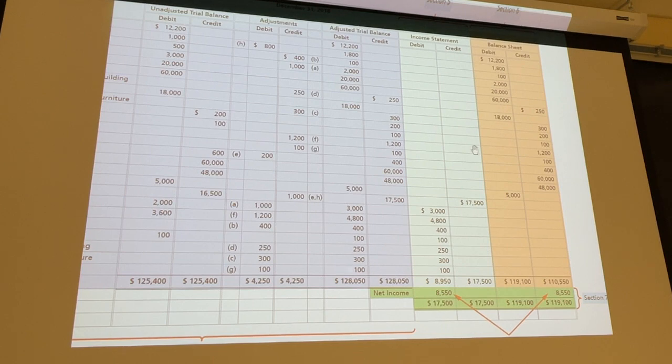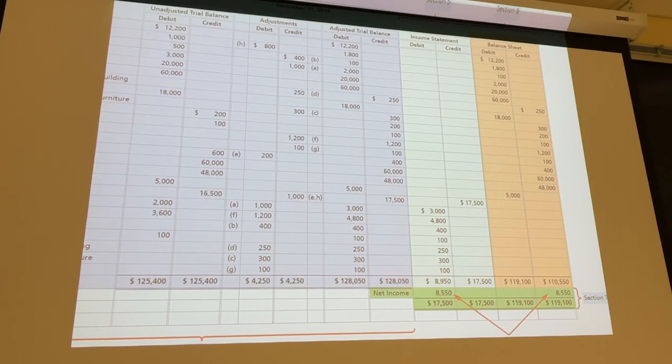Going to the balance sheet columns, again, we transfer over from the adjusted trial balance all of the accounts that would be accounts that go on the balance sheet. And then again, if we look at the totals at the bottom, the totals are not equal. In this case, the debit column is more than the credit column.